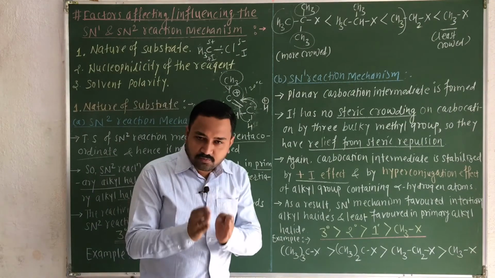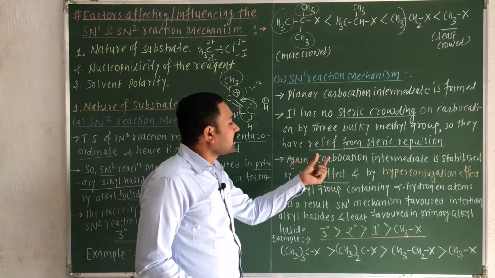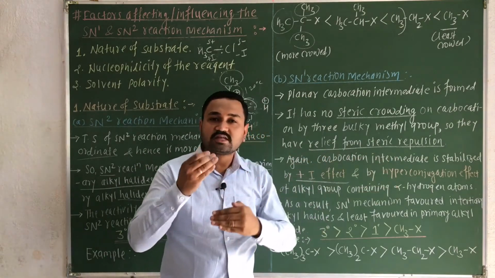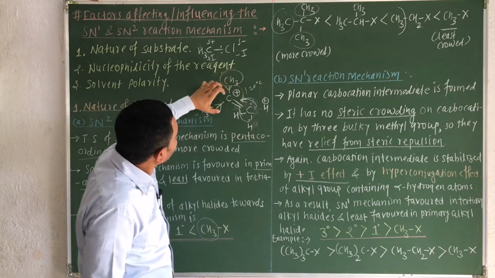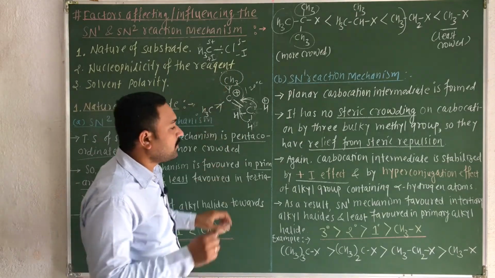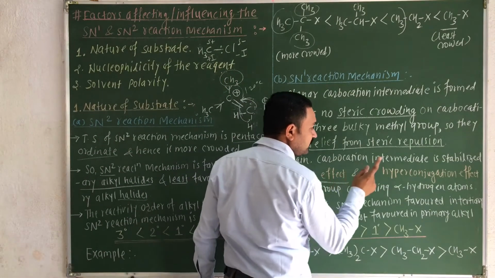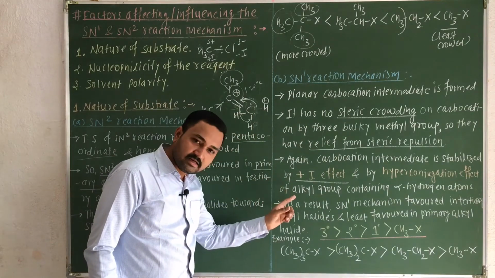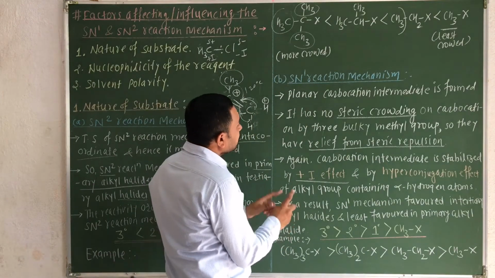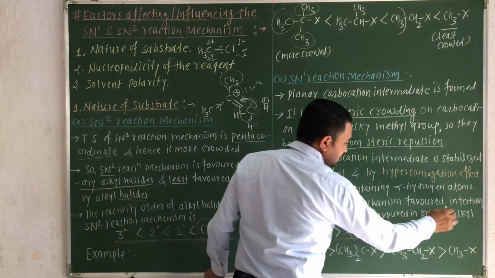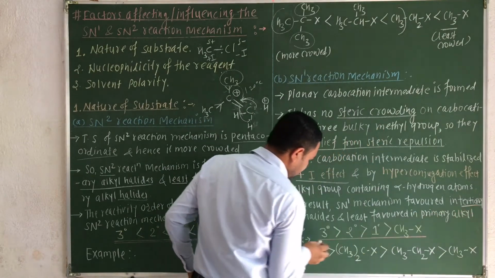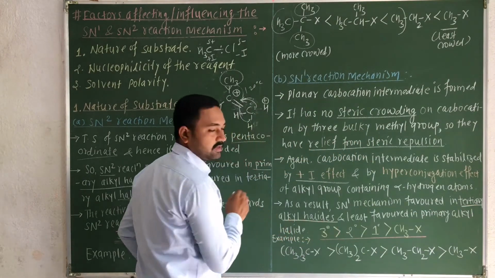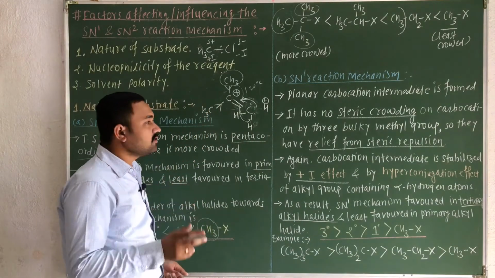So just keep one thing in your mind: the carbocation intermediate is stabilized in the tertiary alkyl halide by two effects, the positive inductive effect and hyperconjugation, and as a result the SN1 reaction mechanism is favored by tertiary alkyl halides. Why?